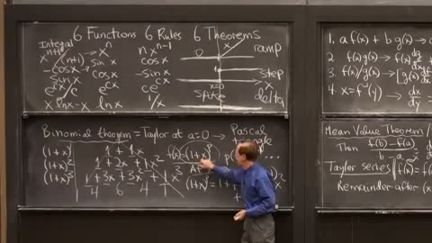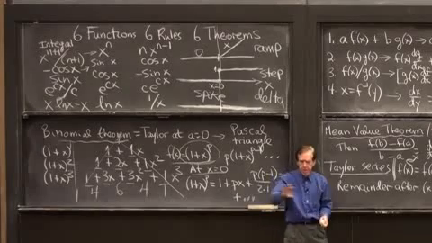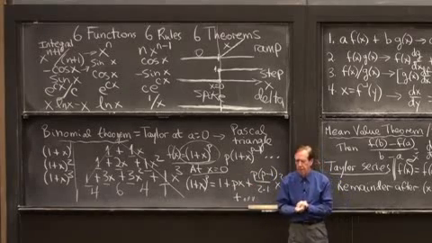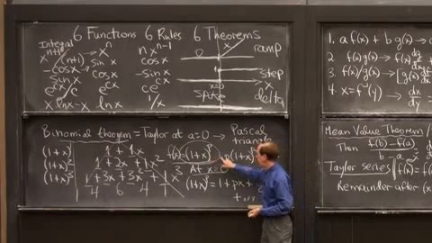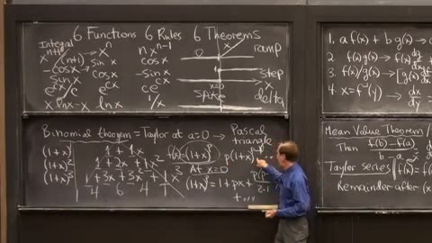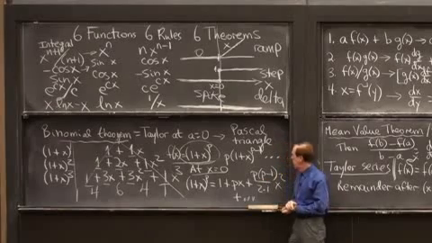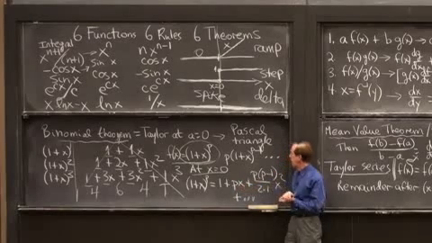At x equals 0, this thing is 1. So the big series starts out with a 1 for the constant term. Then, what do I do for the next term in the Taylor series? I take the derivative, and I put x equals 0. And what do I get then? I get p times x.